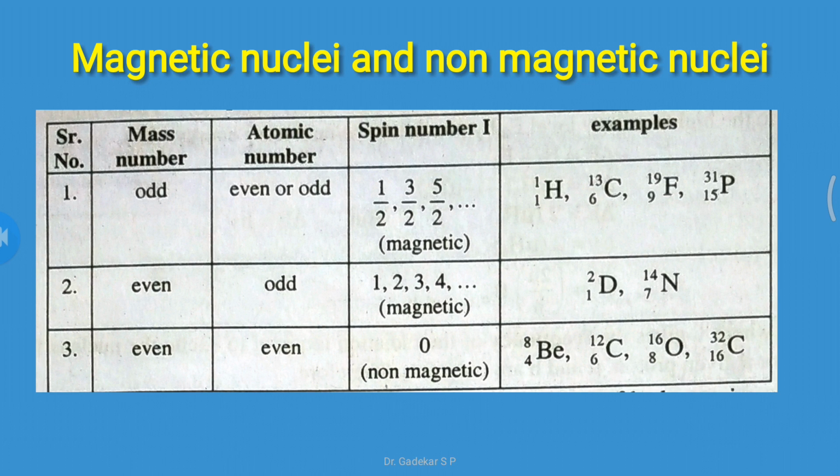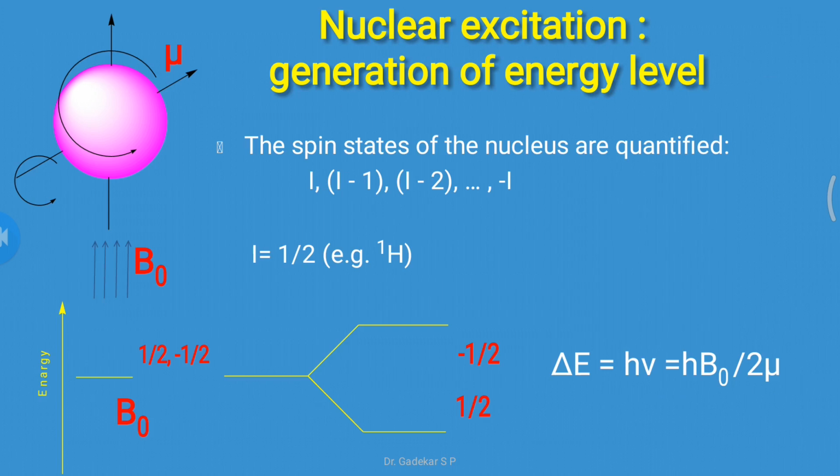Odd mass number with even or odd atomic number, they are magnetically active. Mass number even and atomic number odd, those are also magnetically active. But even mass number and even atomic number, it's magnetically inactive.